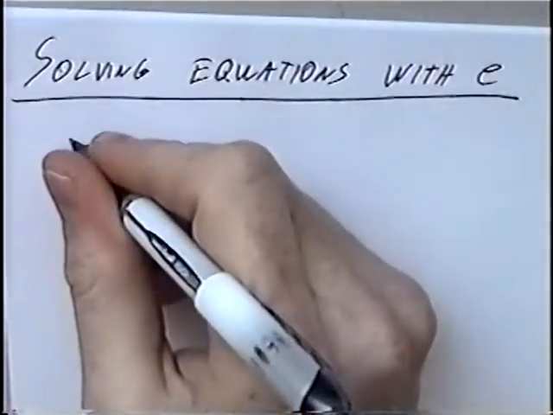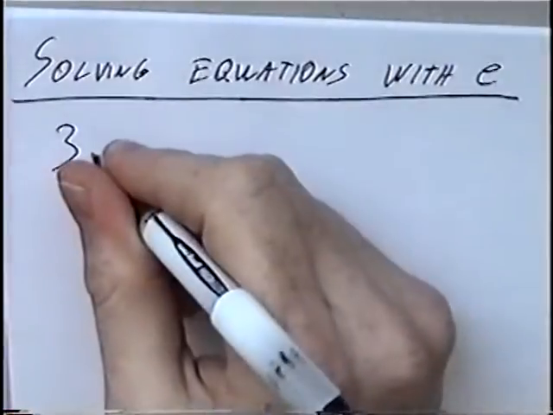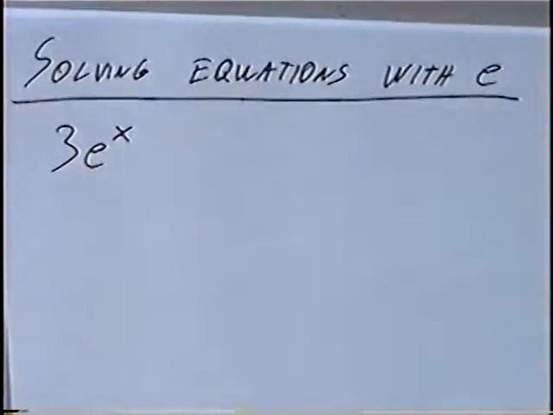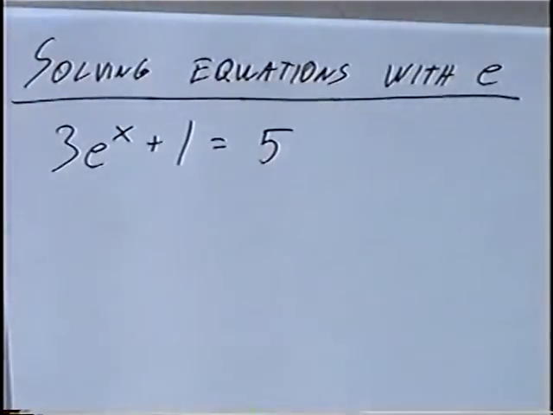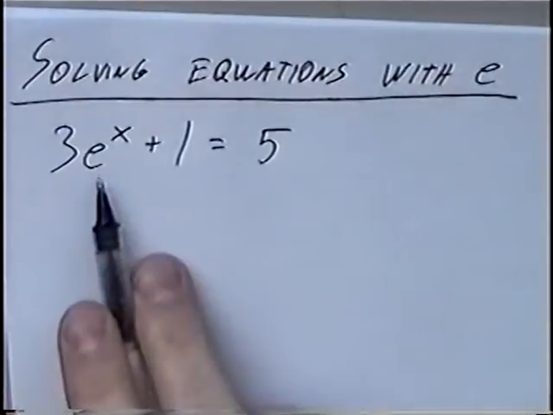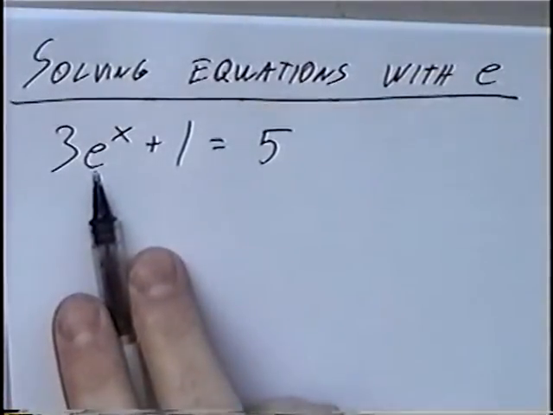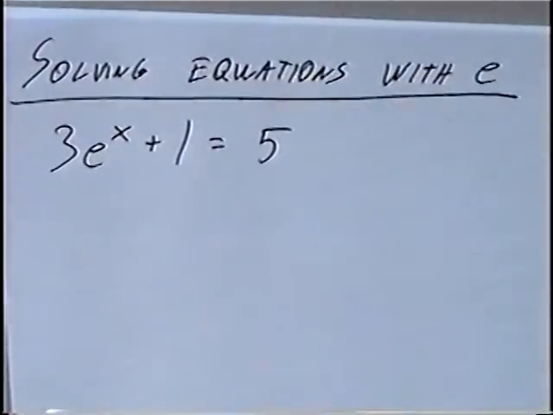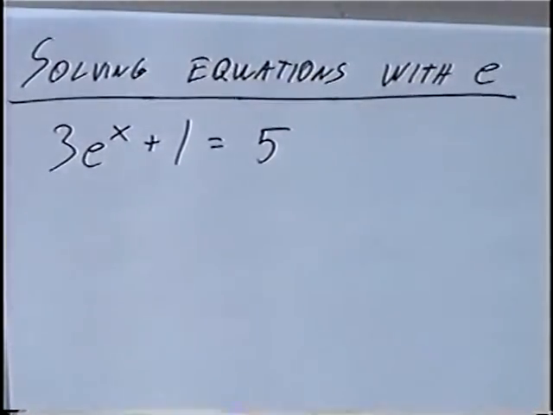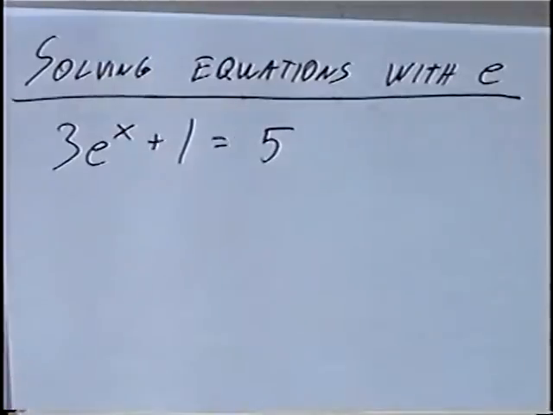First equation we'll look at is 3 times e to the x power plus 1 equals 5. Solving this equation, keep in mind the letter e is a constant. So to solve this equation, we want to find what x is. X will be equal to a natural logarithm or equal to a decimal using a calculator.